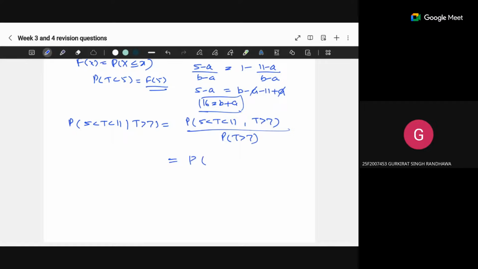So this will be the probability that my t is going from 7 to 11. Everybody agrees with this? Yes, ma'am. Now, can you find out these values? Yes, ma'am.